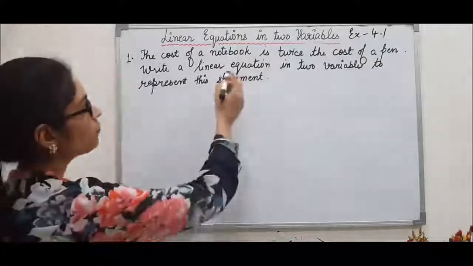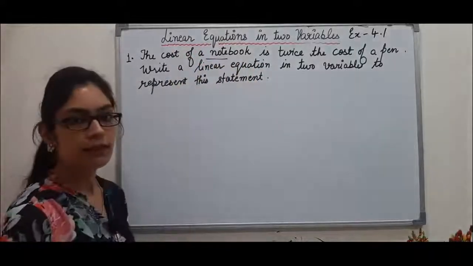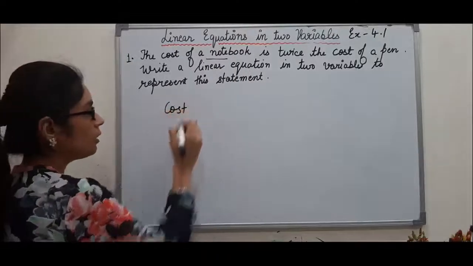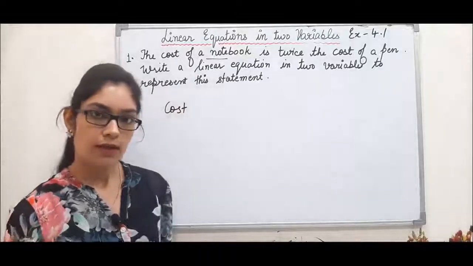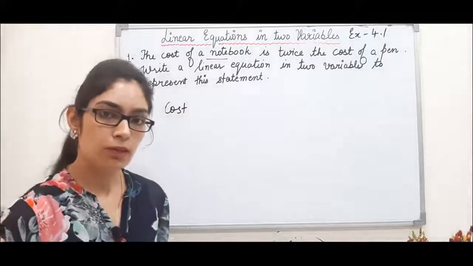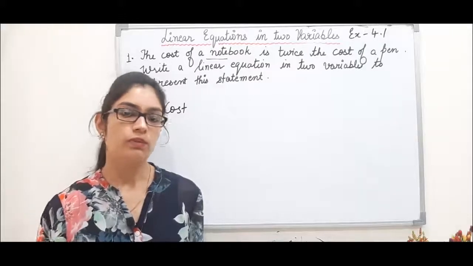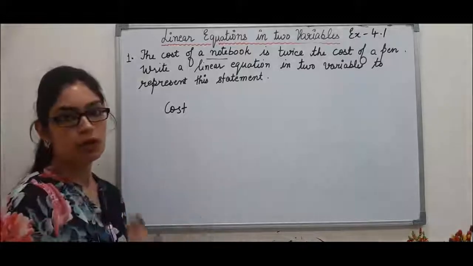So here two scenarios: the first one is the cost of a notebook and the other is the cost of a pen. Whenever you have to write a linear equation in two variables, find out which two things or situations you have to assume as your variables.